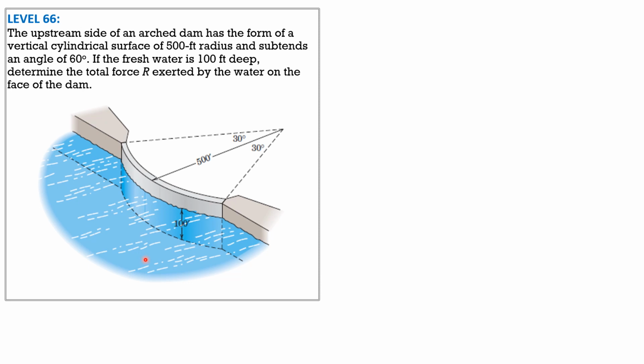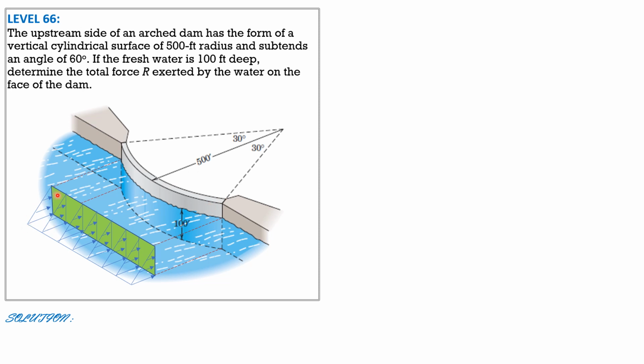So I'll use that formula here, although we can solve this by integration, but as I said, let's just apply the derived formula in the preceding examples. So this is the projected area. Since this is 60 degrees, this triangle here is equilateral, and this is also 500 feet.